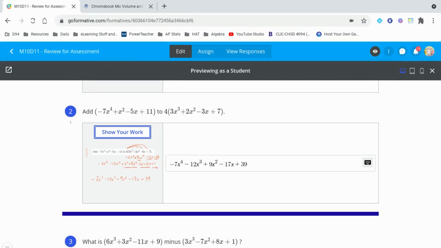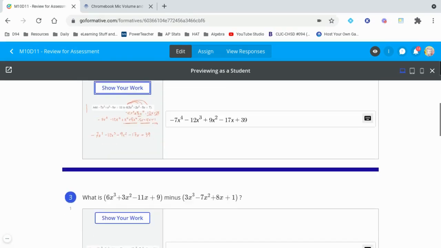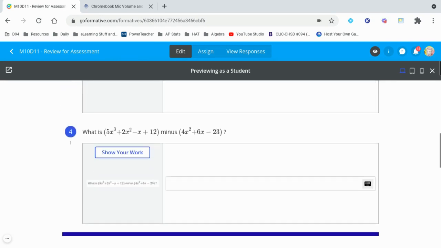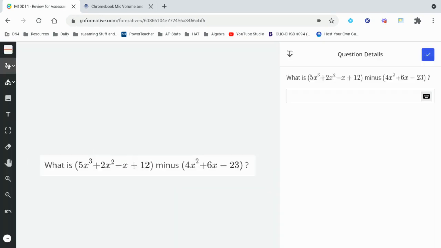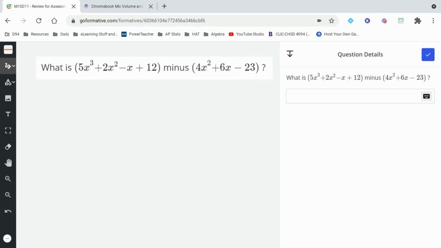So let's take a look at problem number 4, one of the subtraction ones. Now notice here you're subtracting all of this over here. So I'm subtracting all of that. I'm going to go ahead and just line this up.